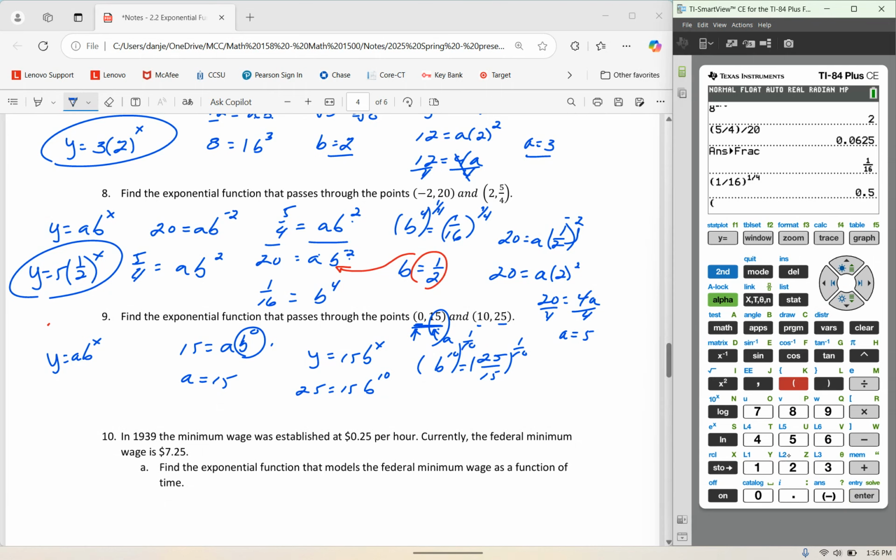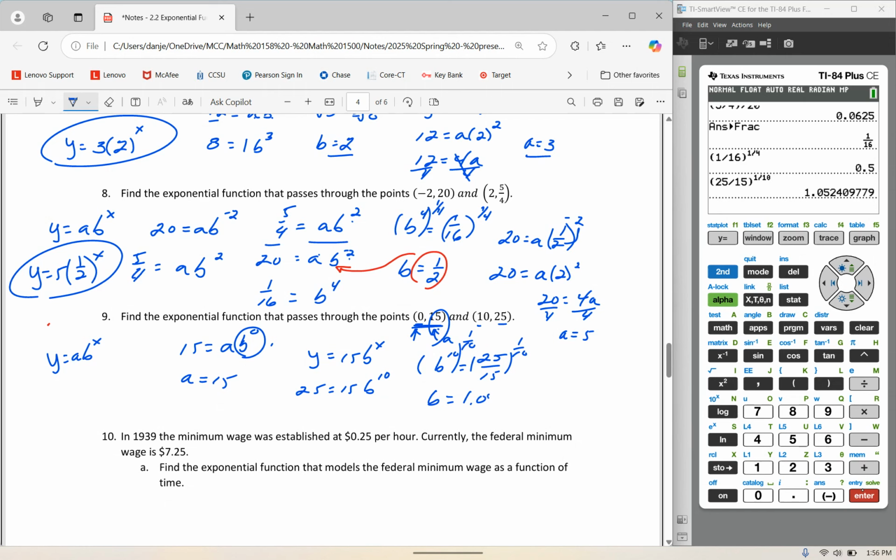So let's just use my calculator and do 25 over 15. We're going to raise that to the 1/10th power, and we get 1.052. So b is 1.052. So my equation is y equals a, which was 15, times 1.052 to the x. And there's my exponential function.